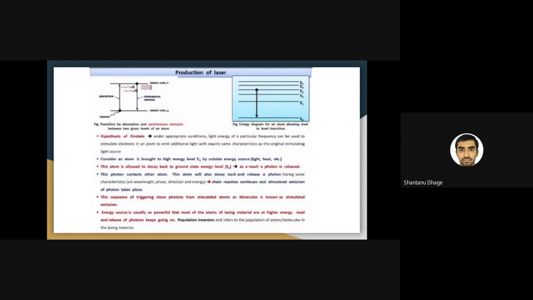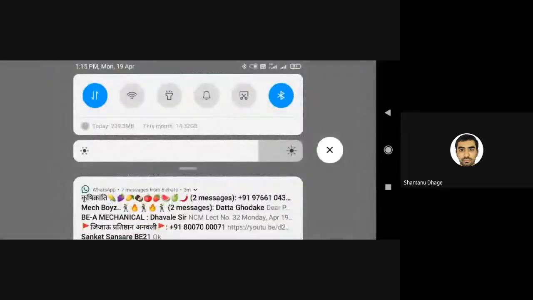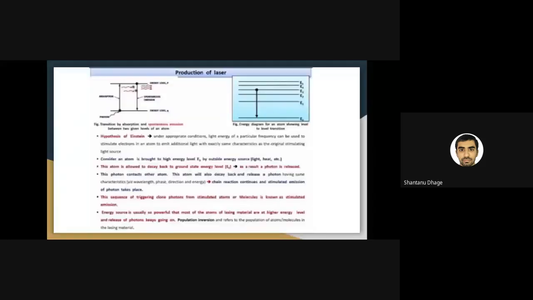This Einstein hypothesis has been used to produce the laser.